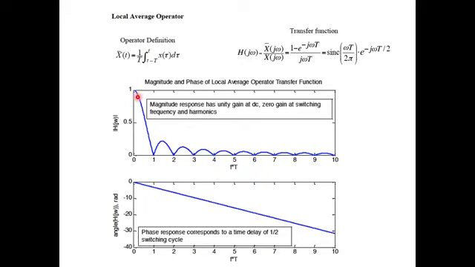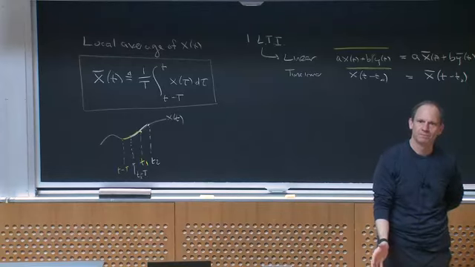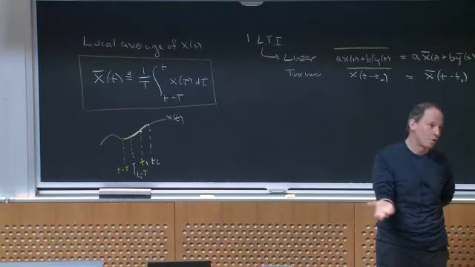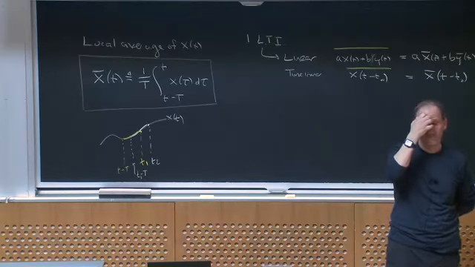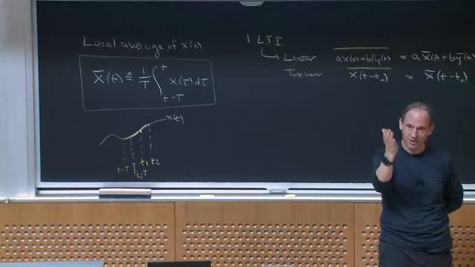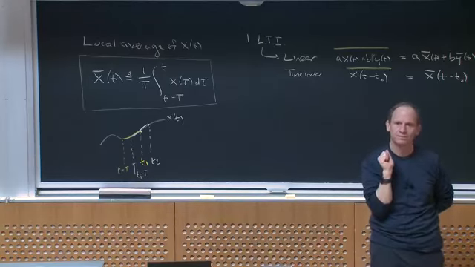But this particular filter just happens to have 0 amplitudes at the switching frequency, twice the switching frequency, 3 times, etc. So it very precisely keeps the low frequency stuff and murders all the switching ripple. Now, could I pick some other filter that kind of captures this idea? Sure, but we just happen to pick this one because it's a good one for our purpose, which is to keep the low frequency content and get rid of the switching ripple and its harmonics.